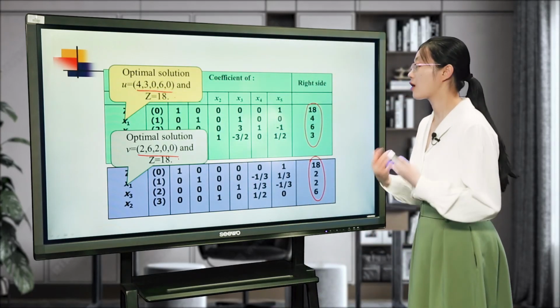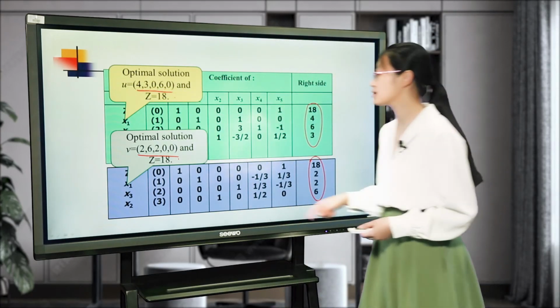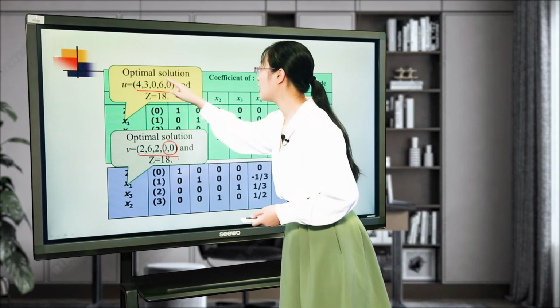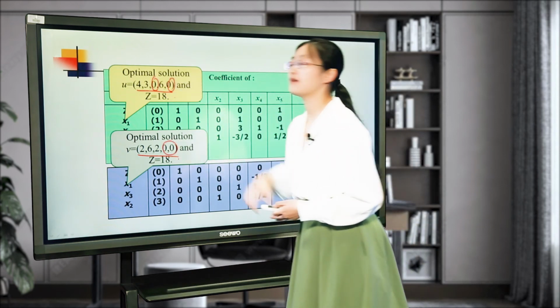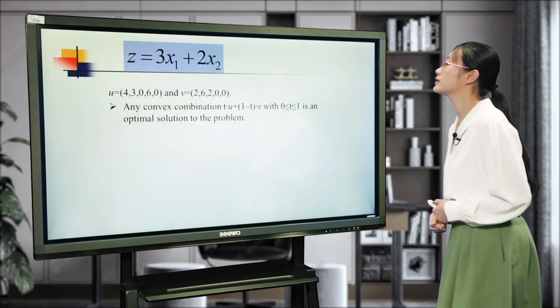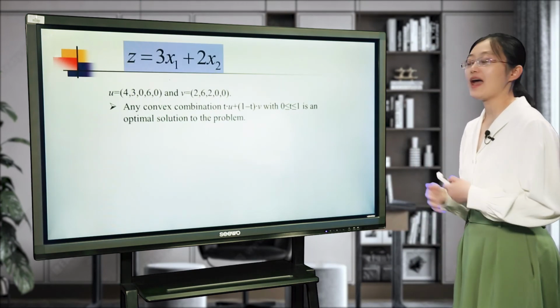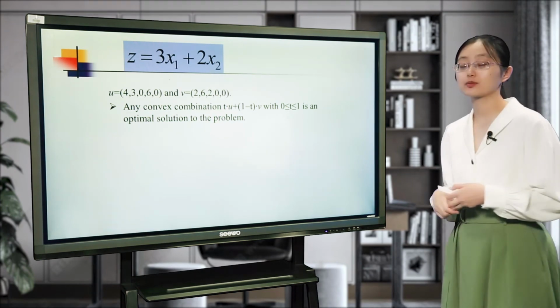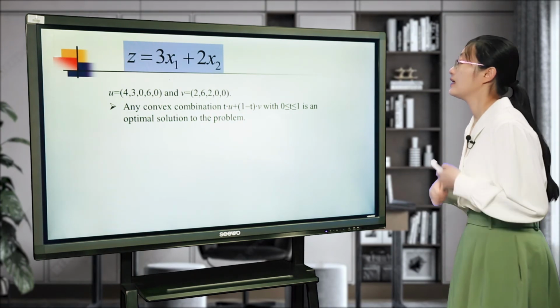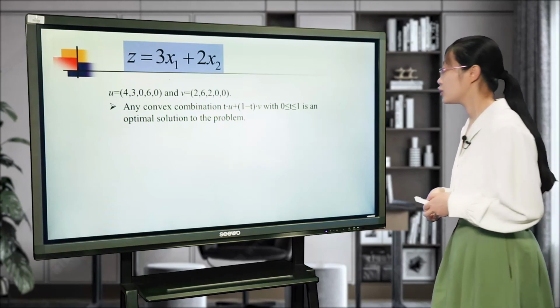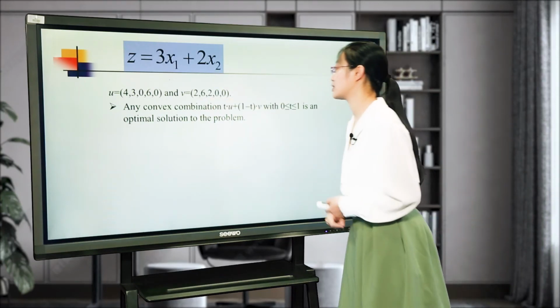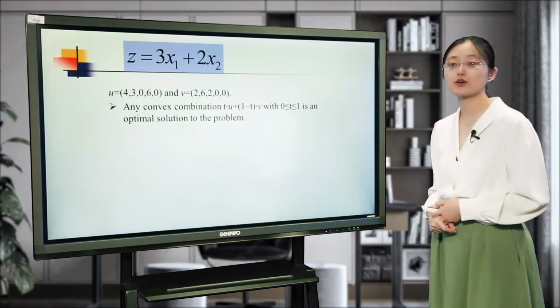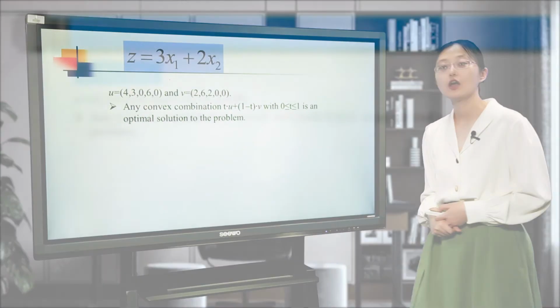They both are optimal BF solutions because there are two values that are 0 and three values that are non-zero. So this simply means that we have two optimal BF solutions for the linear programming problem, and any convex combination of these two solutions will also be an optimal solution to the problem.